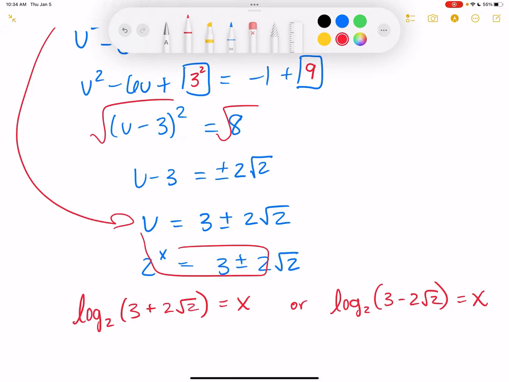Now, it is theoretically possible that one of them, well, I don't think 2 square root of 2 is bigger than 3, but it might be. It could make that negative and it may be undefined, but you won't know that until you actually do it. But it shouldn't be bigger than 3.